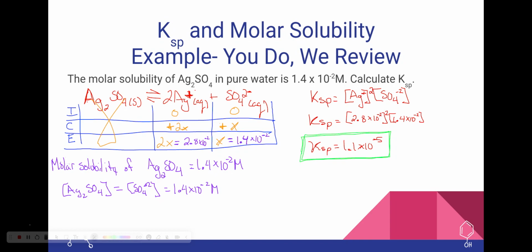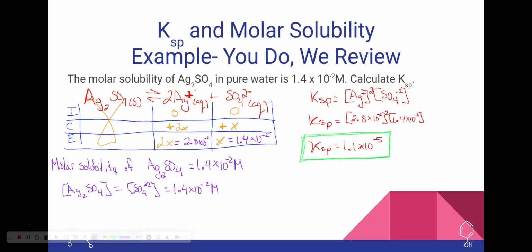Now, because they gave us the molar solubility of silver sulfate, 1.4 times 10 to the negative 2 molar, I was able to easily find the equilibrium concentration of sulfate because that is equal to the concentration of silver sulfate. And as we discussed on the last slide, the concentration of silver sulfate is just its molar solubility.